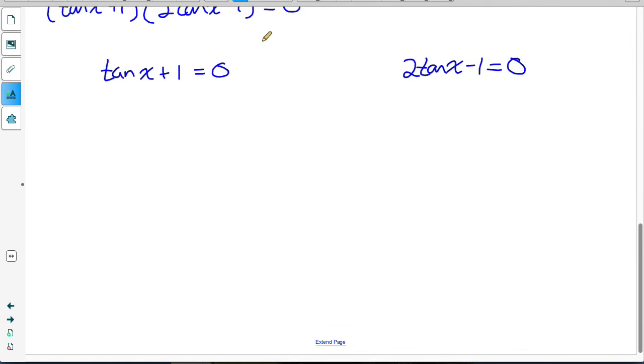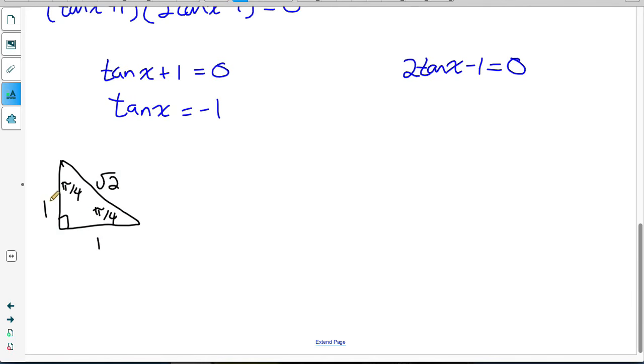So this equation, tan x plus 1 equals 0, isolate the tan ratio, so tan x equals negative 1. And now we want to figure out what angle would give us that ratio. Well, we can actually create the ratio of 1 from a special triangle. Let me remind you of that. So this is the isosceles pi over 4, 1, 1, root 2 special triangle.